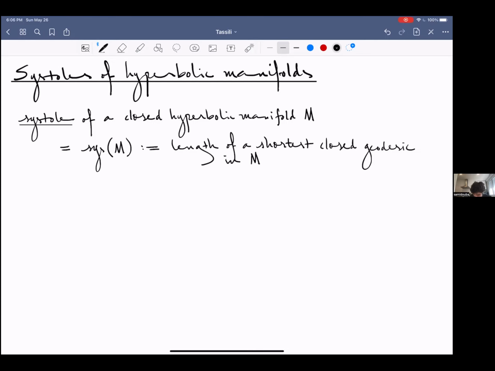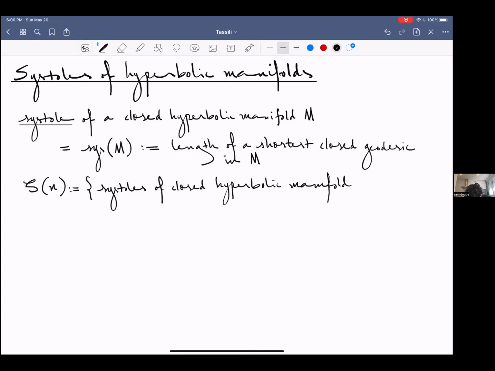And maybe I'll also define this set. This will be the set of systoles of closed hyperbolic manifolds of dimension n.